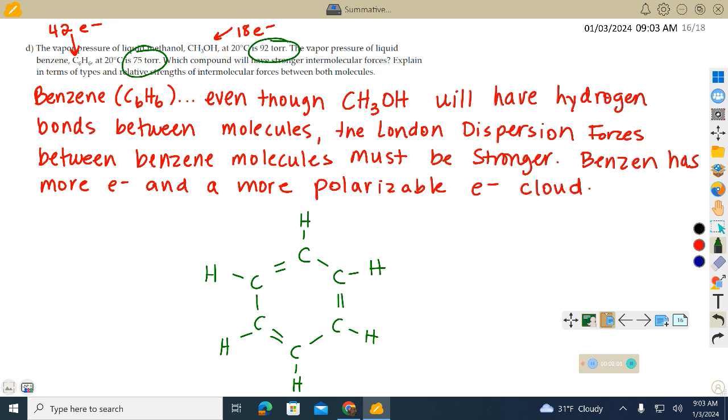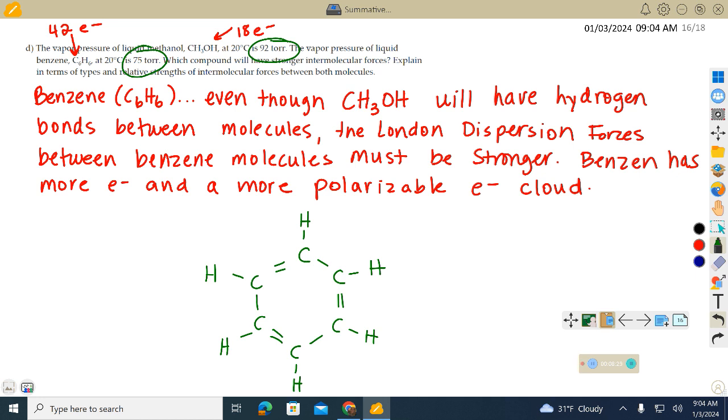There are times when you could have a molecule that has stronger London forces than the hydrogen bonds of another molecule. And it must be that there's significantly more electrons in that benzene molecule, so it's more polarizable, and those temporary charges could be stronger compared to the charges on that OH group.